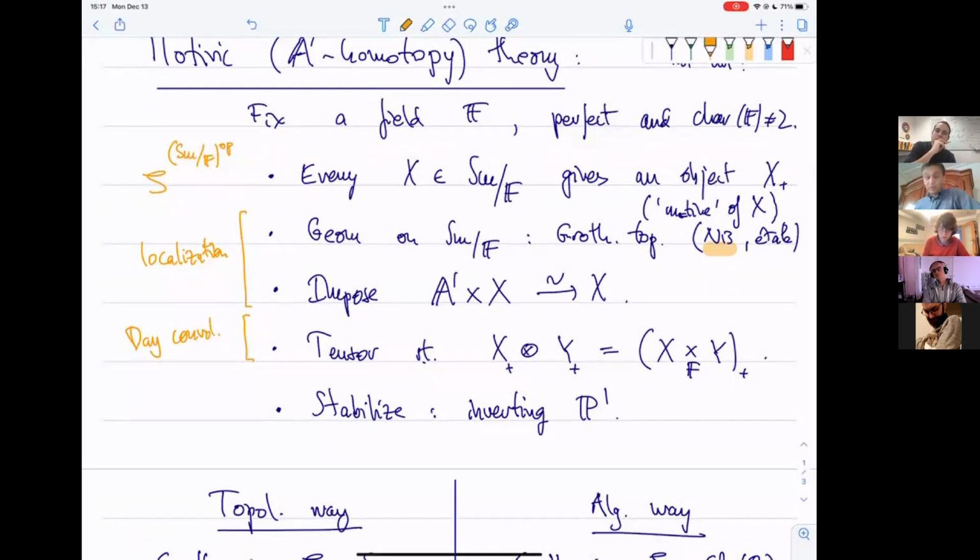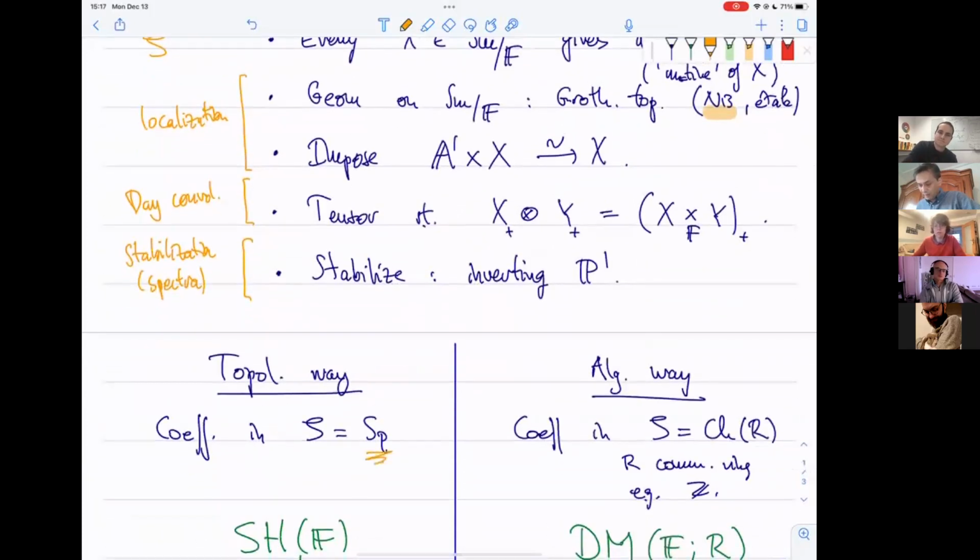And finally, this is done by what is called stabilization, by creating spectra, not in the sense of spectra, the triangular spectra, but in the sense of spectra like I used here. That is where you invert, instead of in topology just inverting suspension, here you invert another endofunctor.